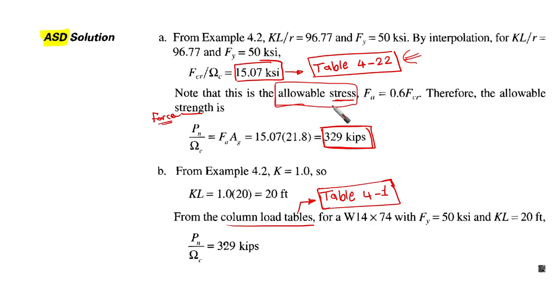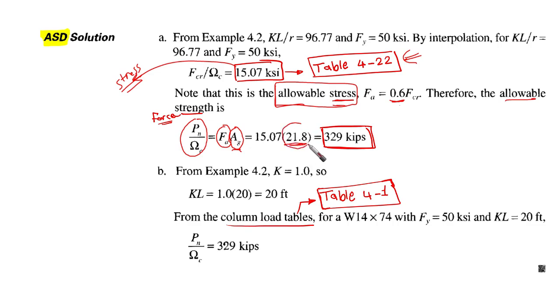This is allowable stress. However, if we want the allowable strength, which means force, then since this value is stress, we need to multiply by the gross area. So we need to say that Pn, the nominal strength over the safety factor omega c, equals Fa, the allowable stress that we have obtained, times the gross area, which is 21.8.